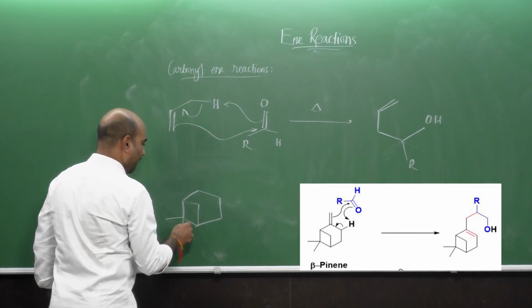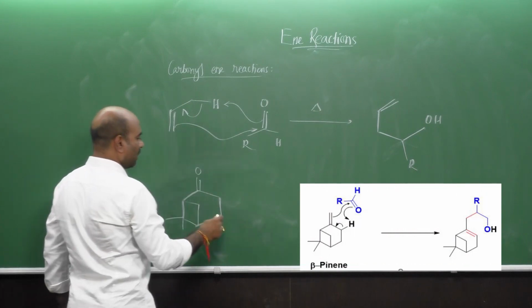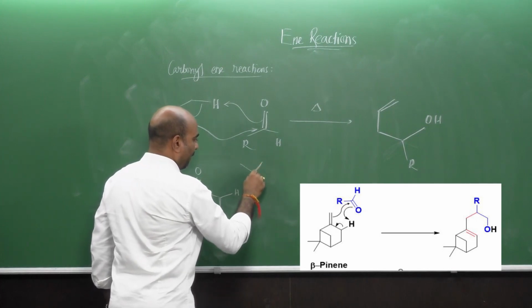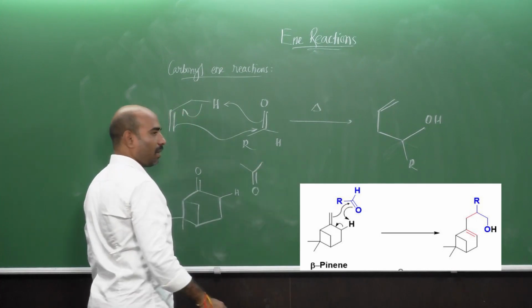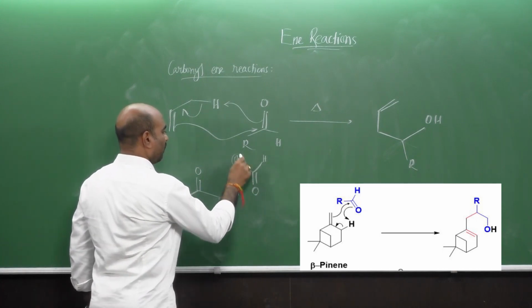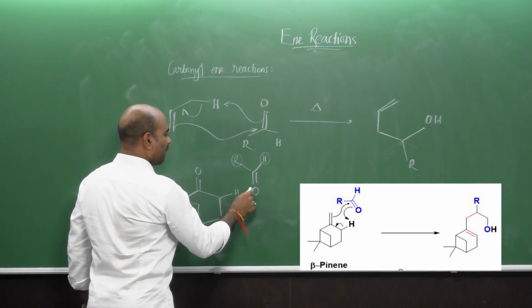So look at this another example where the pinene is involved here. So this is the hydrogen and this is the carbonyl compound, right. So it may be any group or hydrogen. So what is happening?